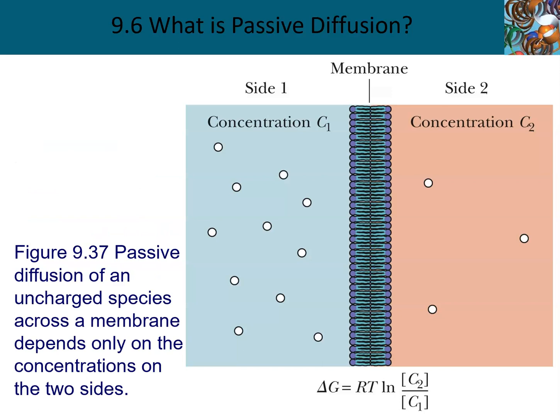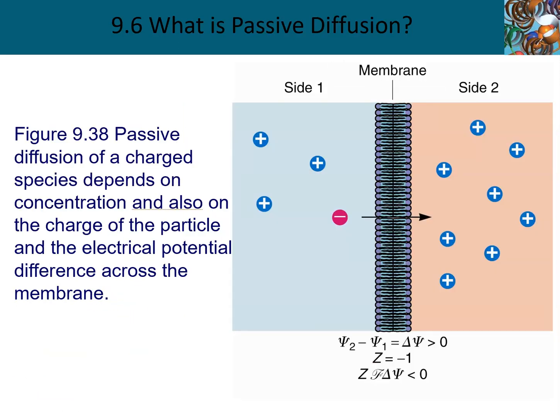Here we have high concentration on side 1, low concentration on side 2, and the motive force dictating the speed at which things diffuse from the high concentration to the low concentration is entirely defined by the delta in concentrations between the two. Now, if you're dealing with charged species, you have to look at both the concentration of the solutes on one side versus the other side, but you also have motive forces defined by potential and charge.